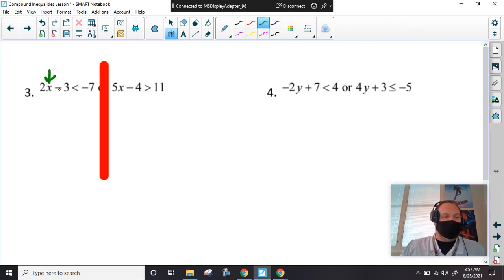let's look at the left hand side. I've actually got two different things happening to this. It's being multiplied and subtracted. Okay. Let's get rid of this minus 3 first. So, what's the opposite of minus 3? Add 3.